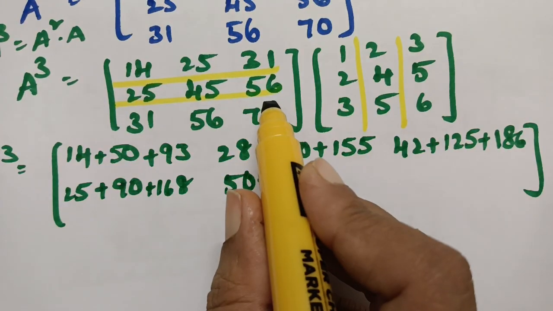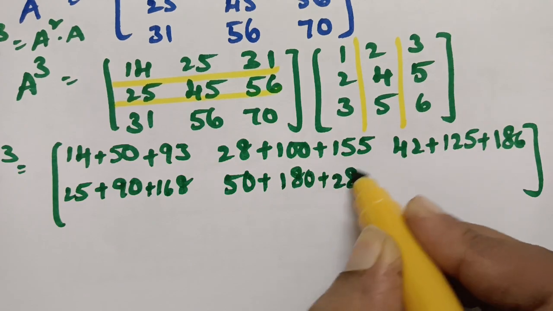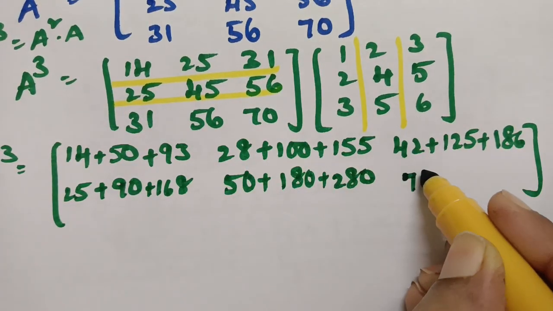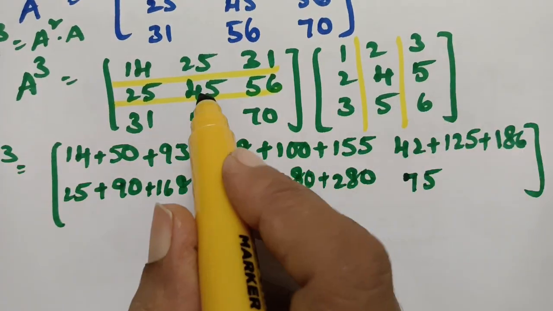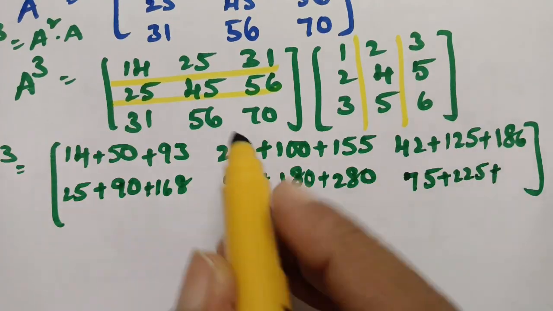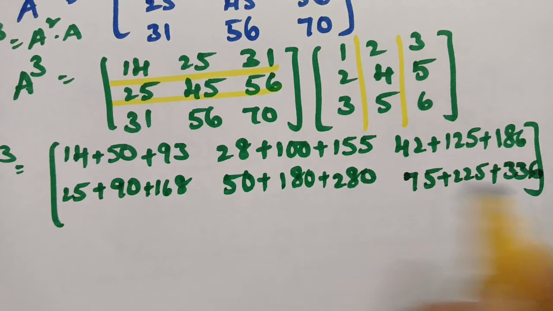Next, 56 into 5 is 280, and 25 threes are 75, and next 45 into 5 is 225, and next 56 into 6 is 336.